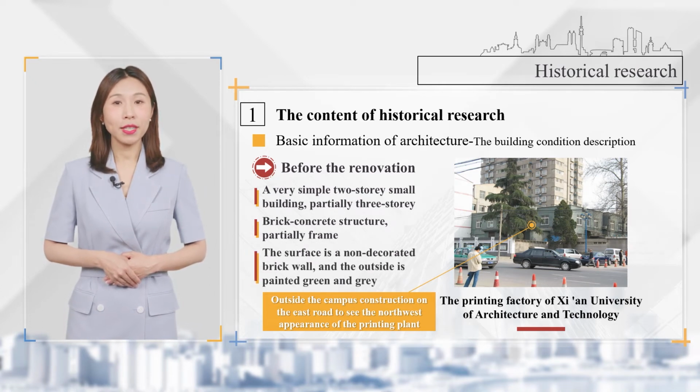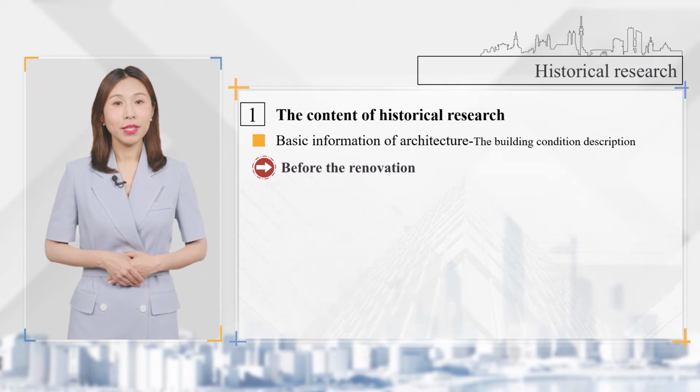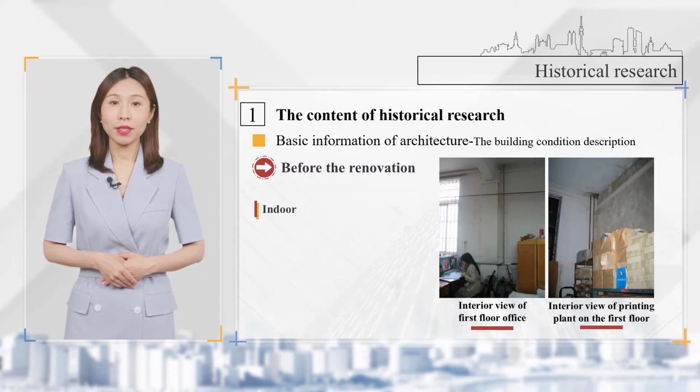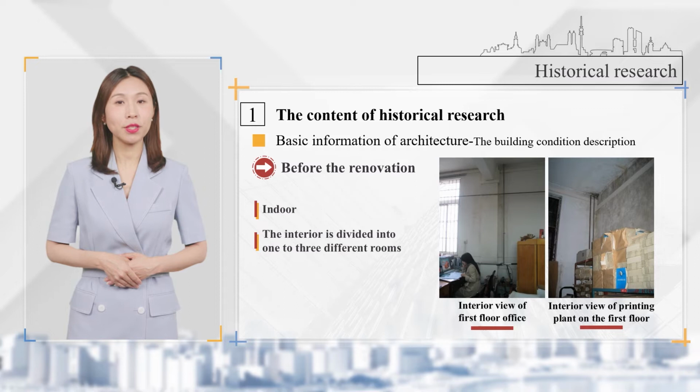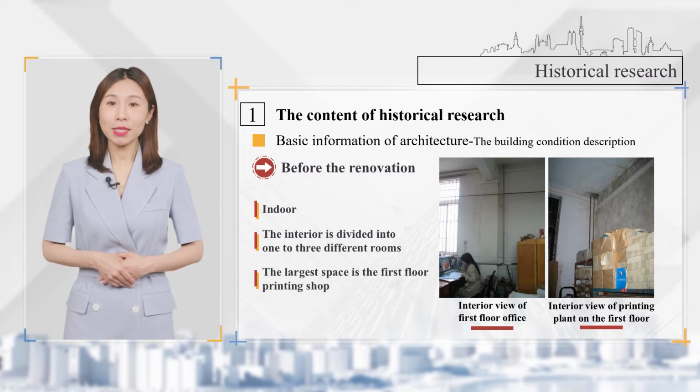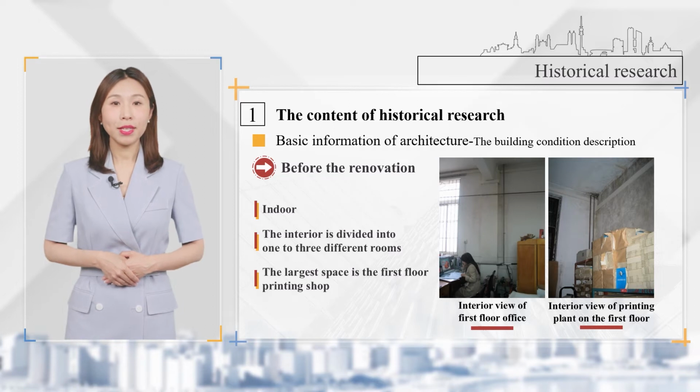The surface is a non-decorated brick wall and the outside is painted green and gray. The interior is divided into 1 to 3 different rooms. The largest space is the first floor printing shop. This is the description of the state of the historic building.